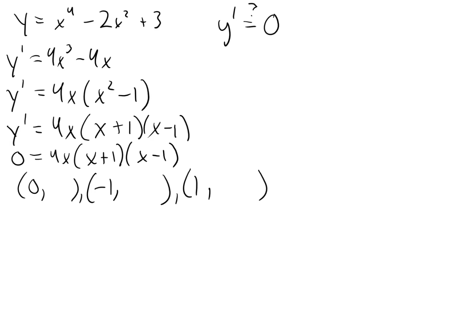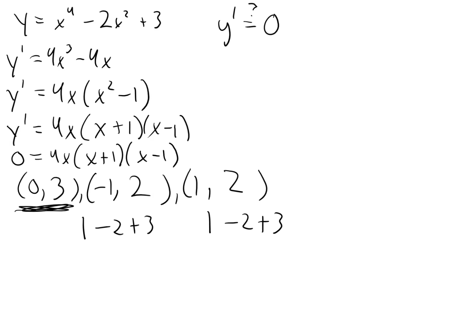So I guess when x is 0, I need to go and plug that in and see that y would be 3. This would be one place where the slope of the line would be 0. If I plugged in -1, that one would evaluate to be 2. And if I plugged in a +1, also evaluates to be 2.